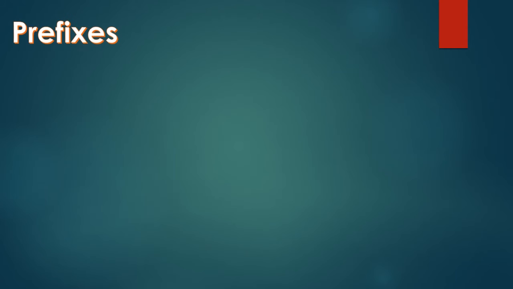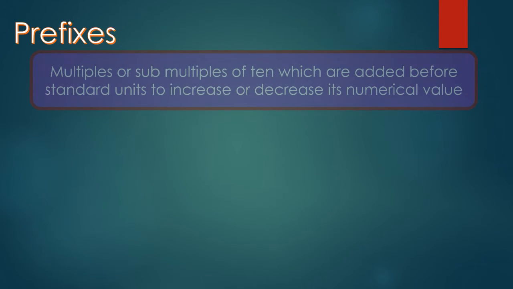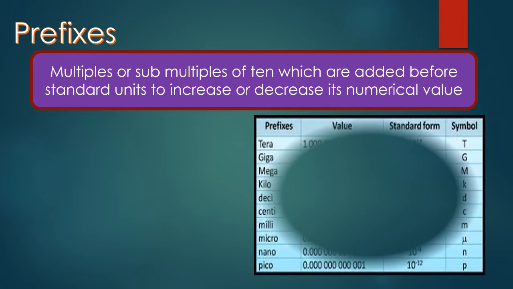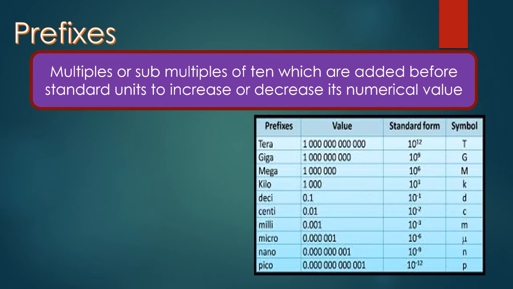Now we will discuss prefixes. Prefixes are basically multiples or submultiples of 10, which are added before standard units to increase or decrease their numerical value. A few mostly used prefixes are shown here, which are kilo, deci, centi, giga, mega, tera.